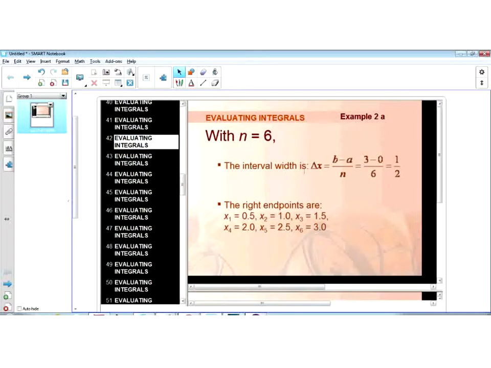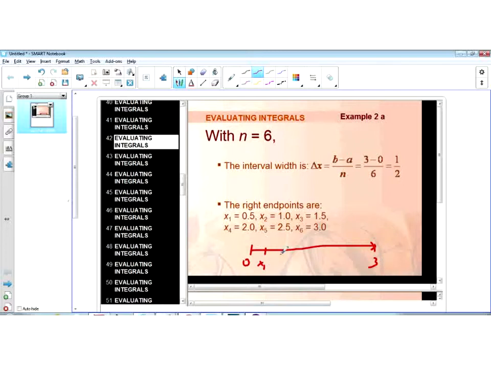So the R6 first. If n equals 6, the interval width would be (b minus a) over n. We chose b to be 3 and a to be 0, so our delta x will be a half, so we'll have 6 right endpoints starting at a half. Sometimes it might be helpful to visualize the partition. In this problem, we start at 0 and end at 3.